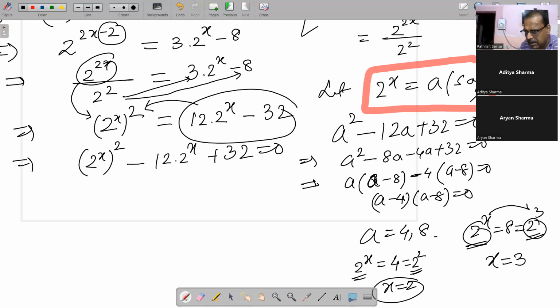That means पावर इक्वल हो जाएगा, माने पावर का वैल्यू 3 होगा. तो x का दो वैल्यू हो जाएगा सर, एक होगा 2, 3. So that is the final answer of this particular problem.